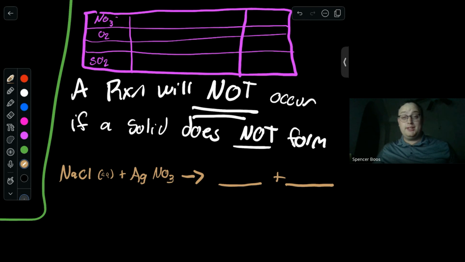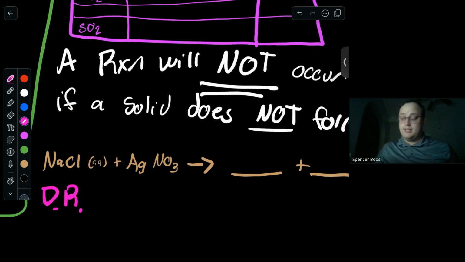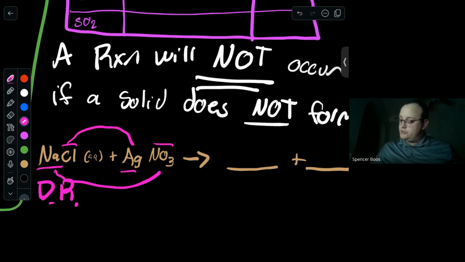Now, when you take a look at this, this is a double replacement reaction. So you just treat it like that. We've got A, B, C, and D, where A goes to D, and C goes to B. This is also aqueous.